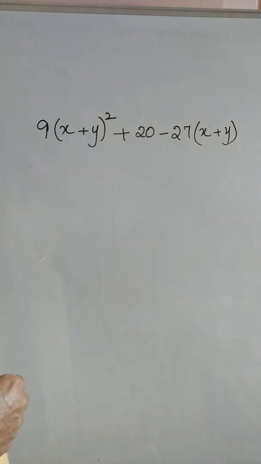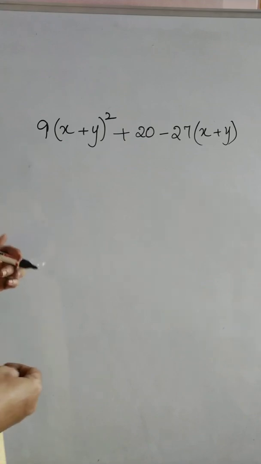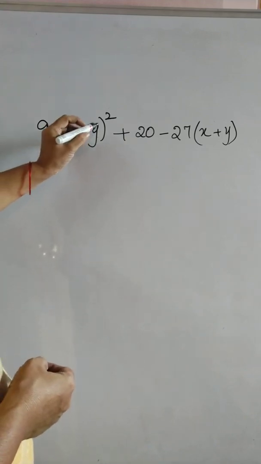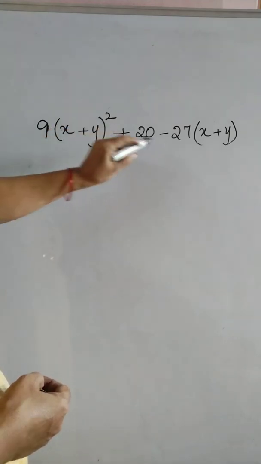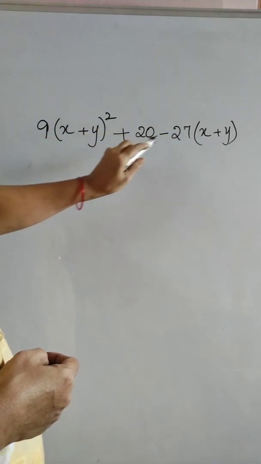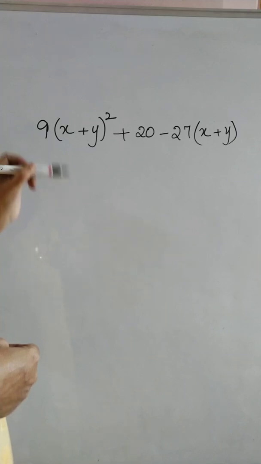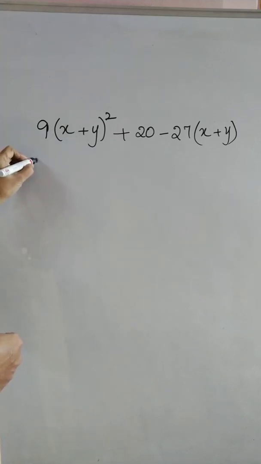When we factorize any algebraic expression, the expression should always be in descending order. See here, there is x plus y whole power 2, and here x plus y, and here no variable is there. So we first write this expression in descending order.